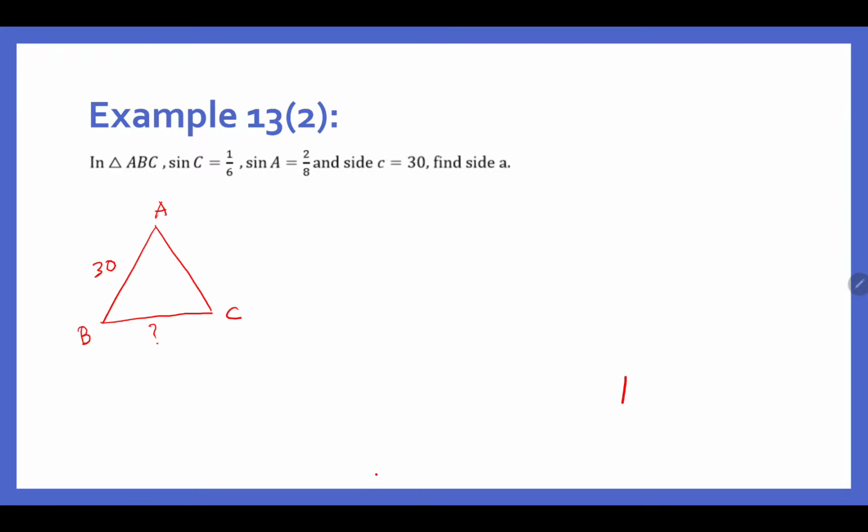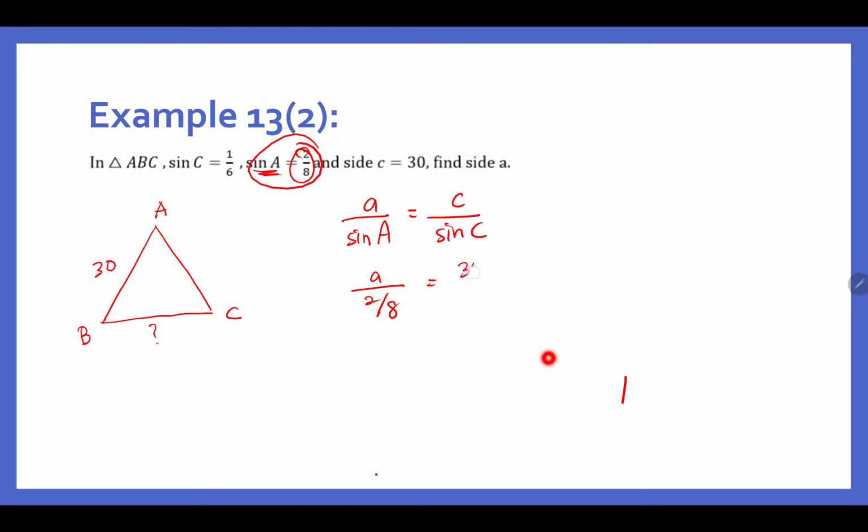Okay, so using law of sine, we have a over sine A equals c over sine C. So a yang kita nak cari, sine A is given here, which is 2 over 8. Okay, walaupun kita tak ada angle, tapi tak payahlah sebab dia dah bagi nilai sin C. So kita just insert 2 over 8 kat situ.